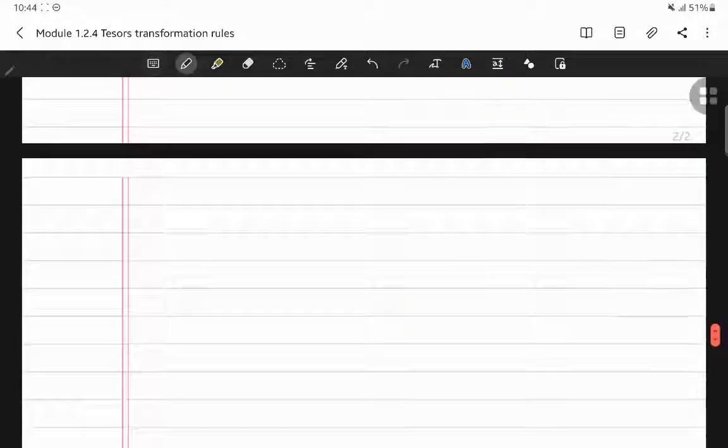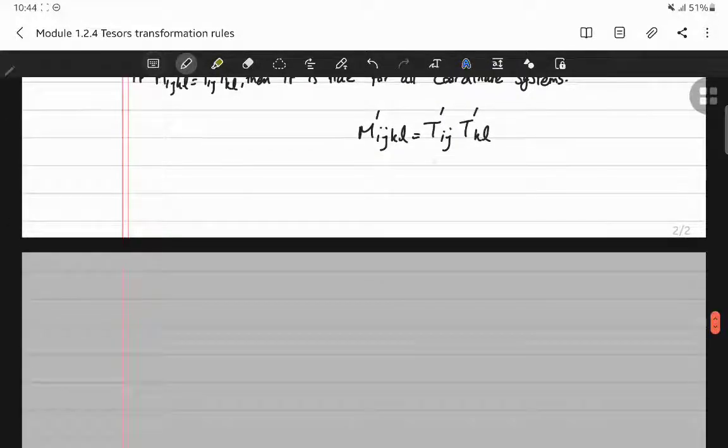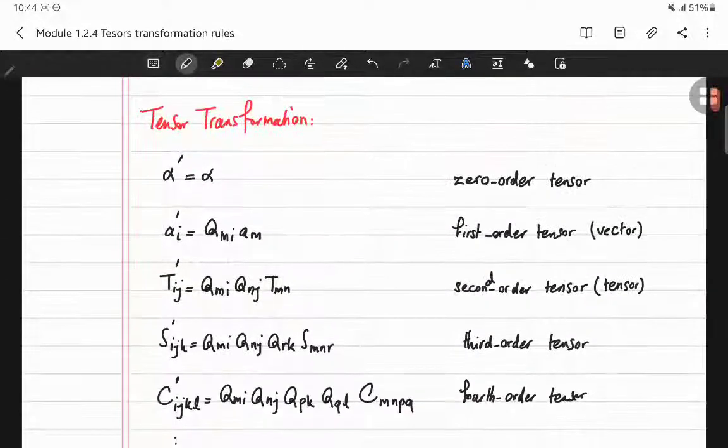So from here, I write T prime ij is equal to Q_mi Q_nj T_mn, and I just got it from here.